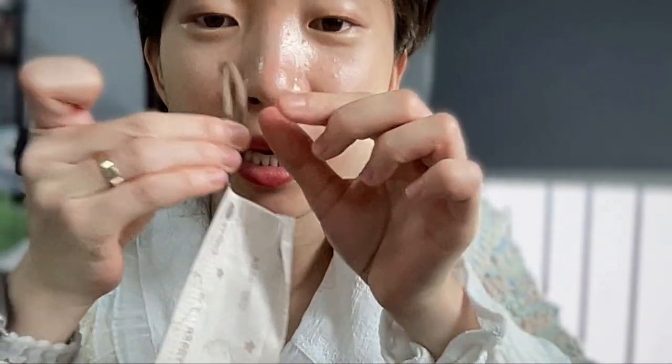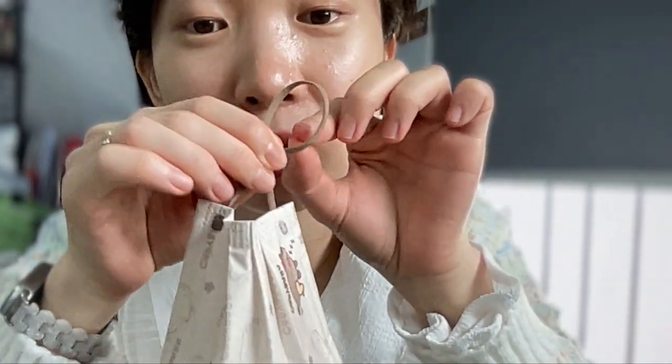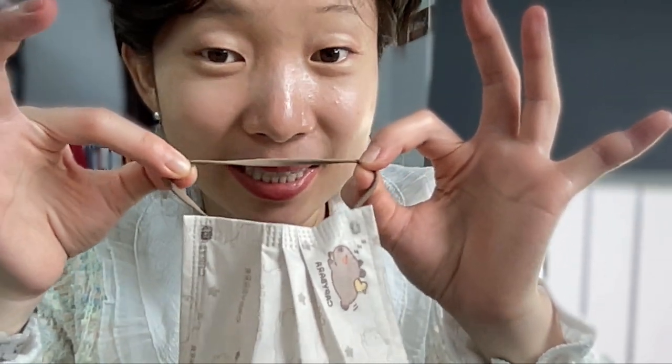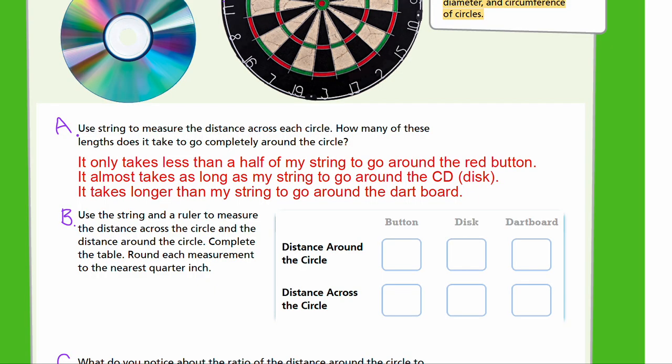If we measure with the string and then make it flat by the ruler, we can measure the distance pretty accurately. So using the inch ruler, you'll get a pretty close approximation for the circumference of each circle.